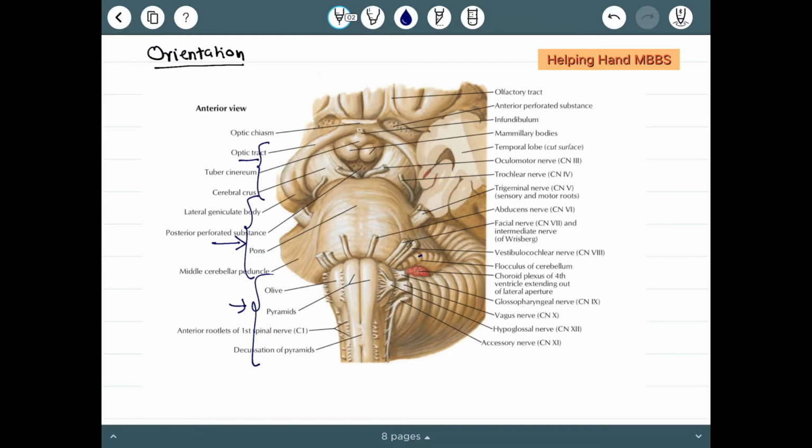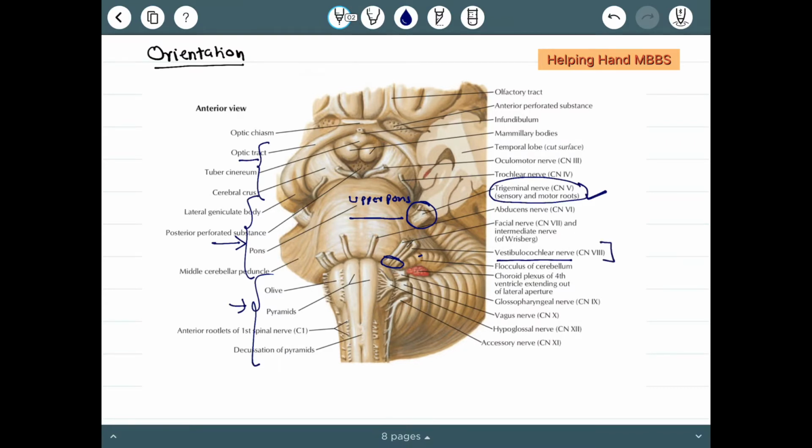What we should appreciate in this diagram is that there are the trigeminal nerve sensory and motor roots, which are arising from the pons, and to be very clear, from the upper pons. In lower pons, at the pontomedullary junction, there is the vestibulocochlear nerve.